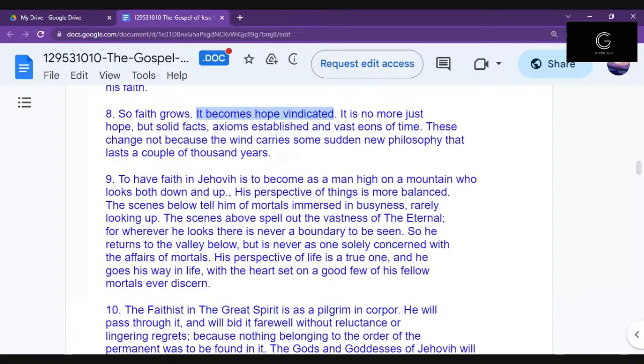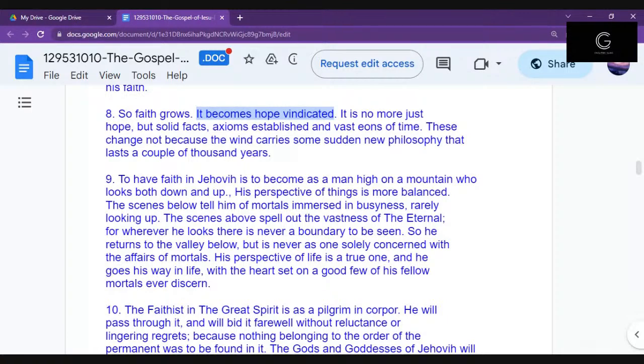Oh, didn't we just bring that up? The scenes above spell out the vastness of the eternal. For wherever he looks, there is never a boundary to be seen. So he returns to the valley below, but is never as one solely concerned with the affairs of mortals.